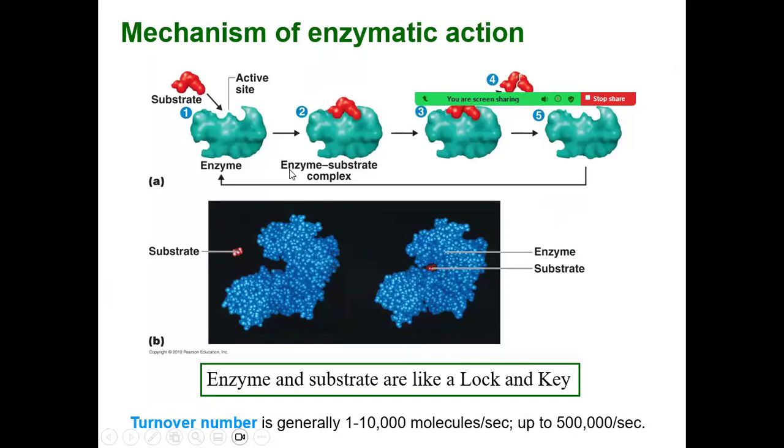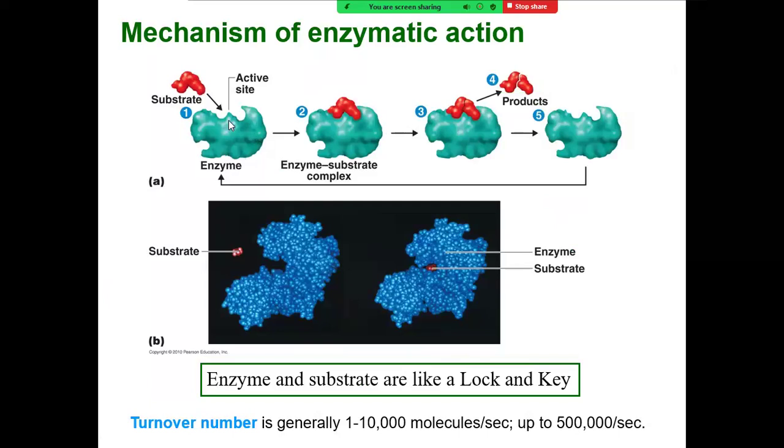The enzyme is like a key that can fit specifically one lock and then do something to the lock, like unlock the door. And this enzyme specifically binds to the substrate. There is a specific part of the enzyme that binds to the substrate, and that's called the active site of the enzyme. The active site of the enzyme binds to the substrate.